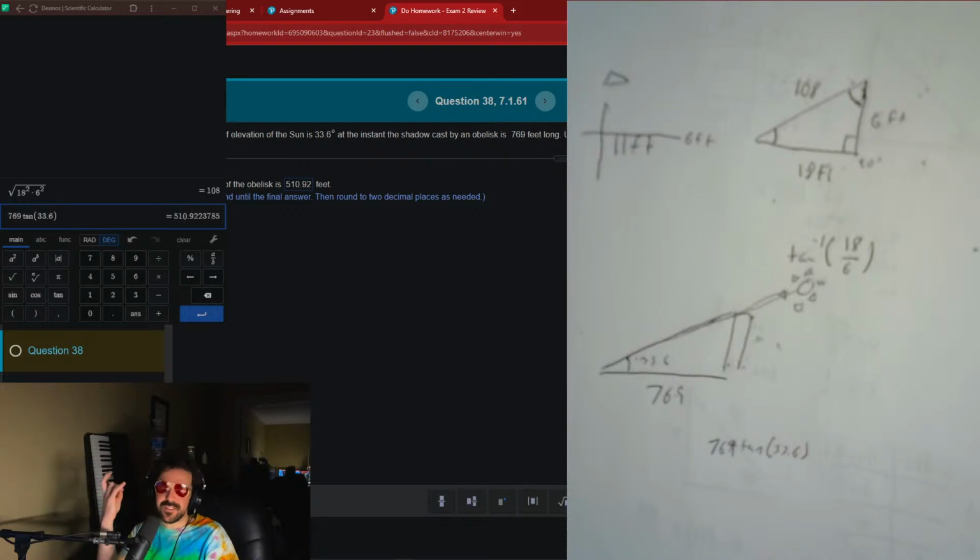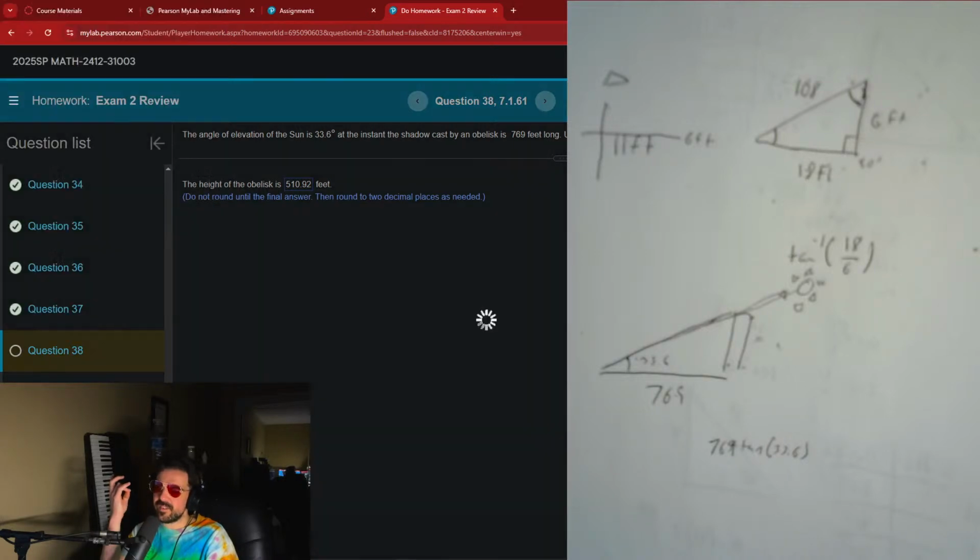That makes sense because the lower the sun is, the longer the shadow, right? Is that rounded correctly? Two decimal places. Okay.